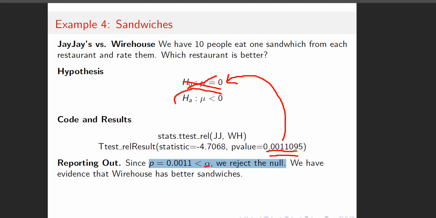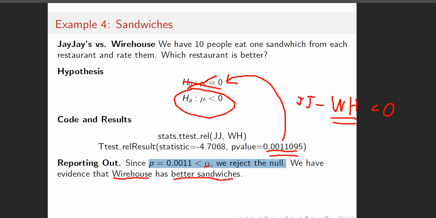That means we have evidence for the alternative. Remember, we're taking these scores and doing JJ minus WH, and we're getting a number that's less than 0. That means that the Wirehouse sub scores are higher on average, so that's evidence that Wirehouse has better sandwiches.